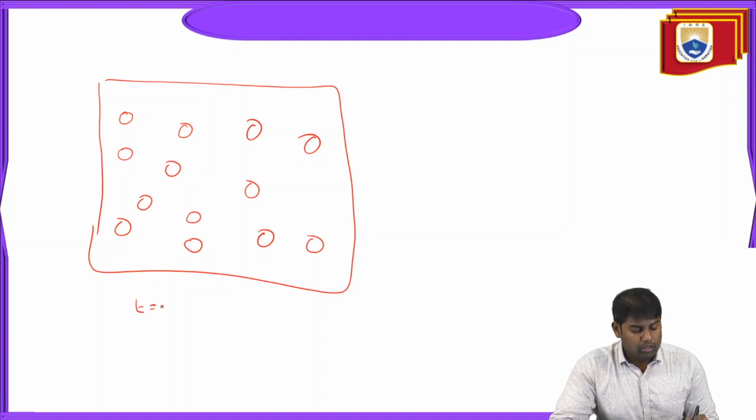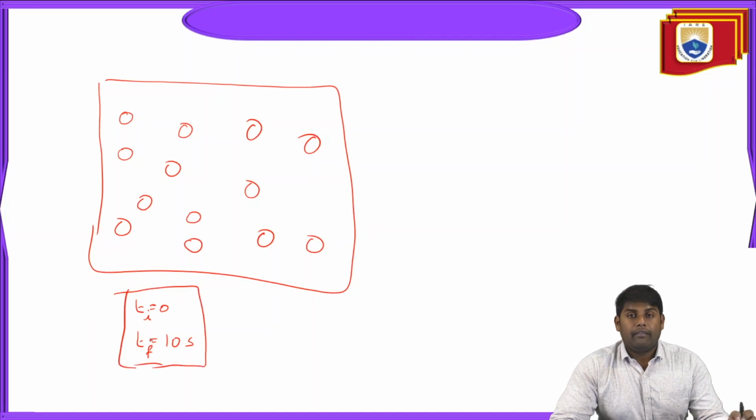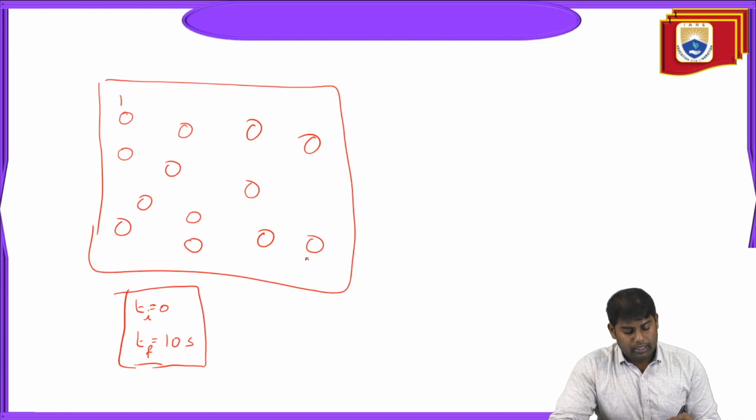Let's say you observe starting from t equal to 0 seconds and take it till 10 seconds, t initial to t final. Between the time interval 0 to 10 seconds, let's say this is fluid molecule 1, and this is, let's say, 5.